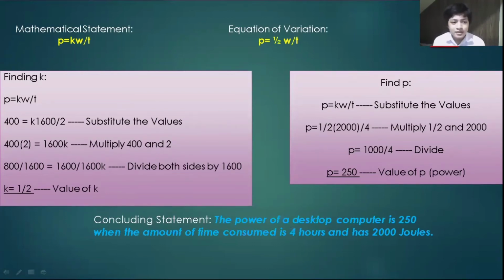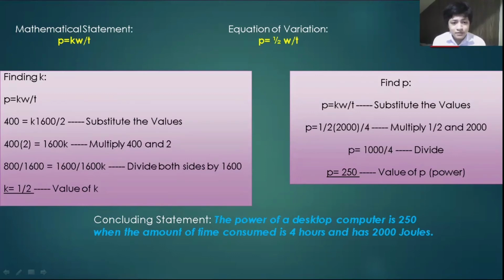In finding K, we use the formula P equals KW over T. Then we substitute the values: P equals 400, W equals 1,600, and T equals 2. Next we multiply 400 by 2 and we get 800.